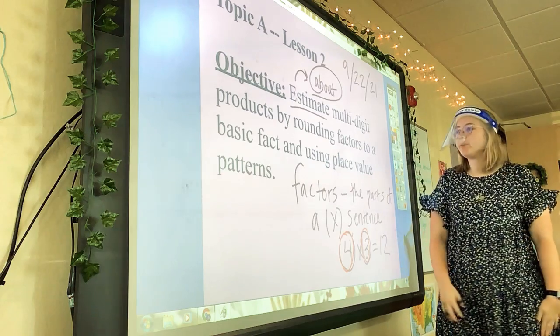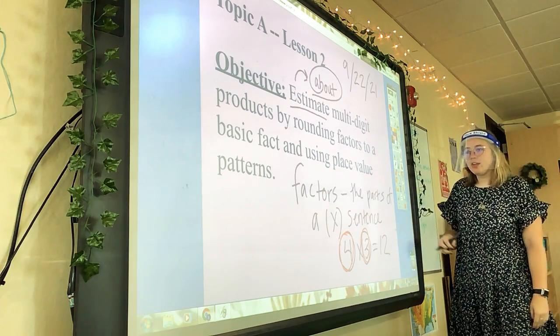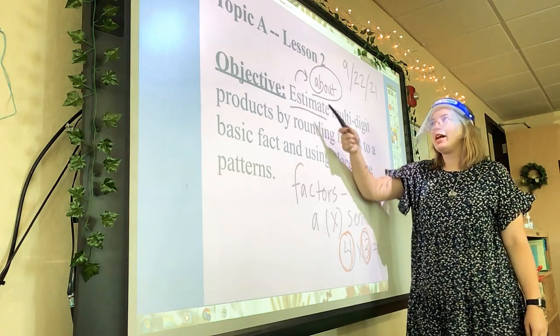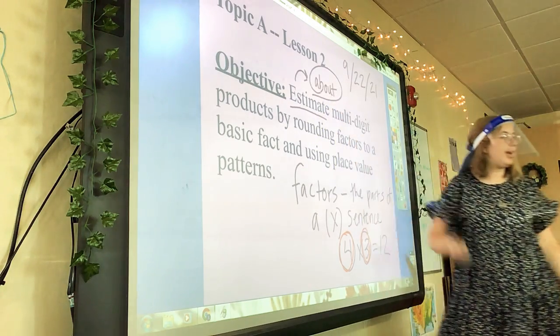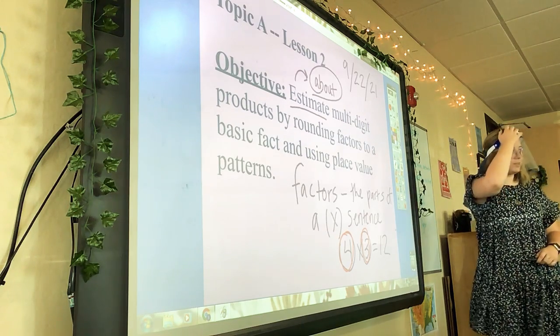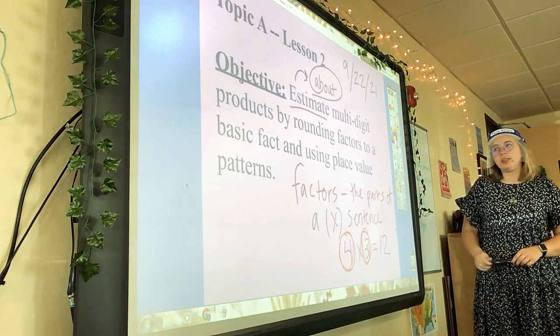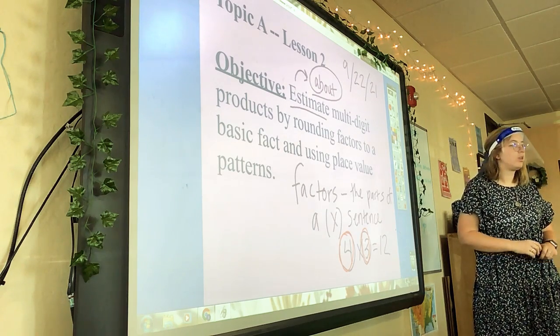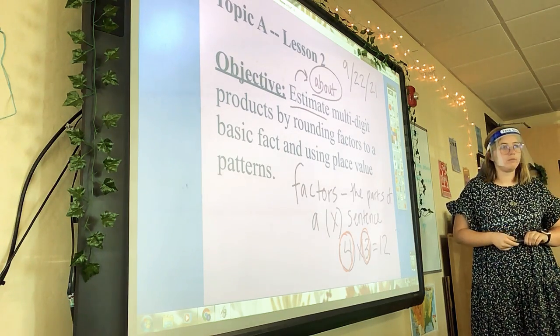Estimate and about are communicating the same thing. So if your brain just goes straight to estimate, that's totally fine. But I do want you to write the word estimate and that it means about. So anytime we see estimate, it means about. Go ahead and write that in your notebook as well. I'll give you a couple seconds.